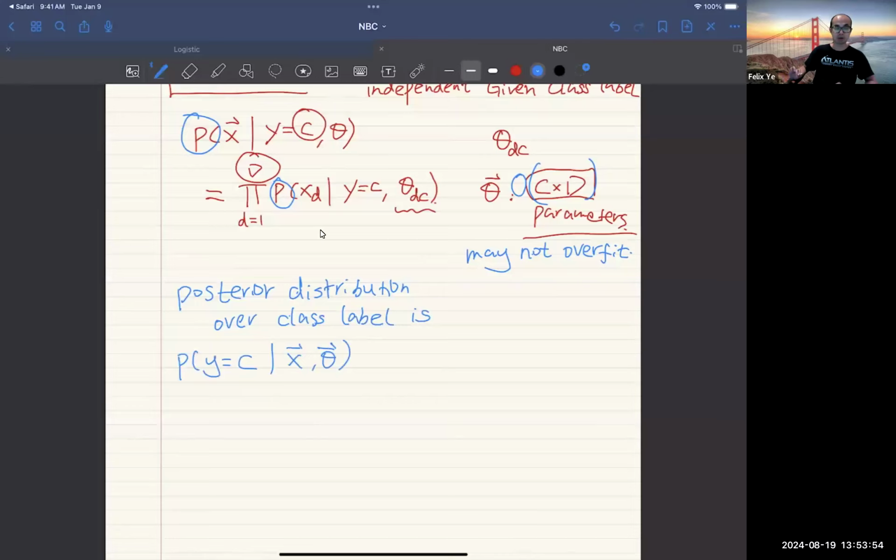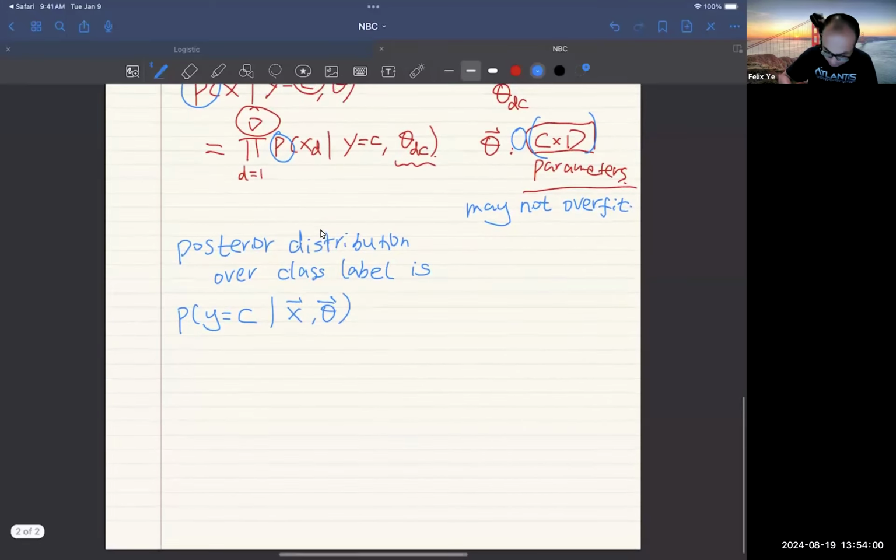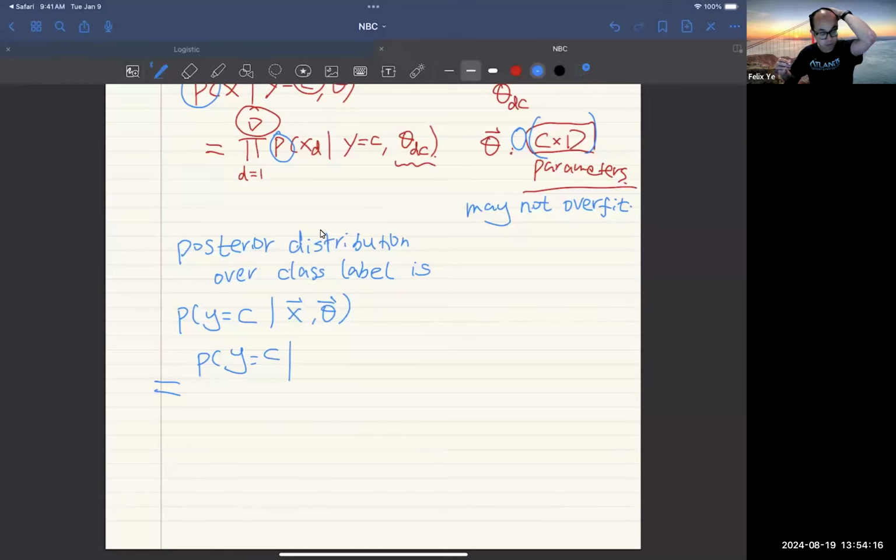This is the posterior distribution. By definition, this is equal to the probability y equal to c, which is the prior. Yes, this is the prior here.